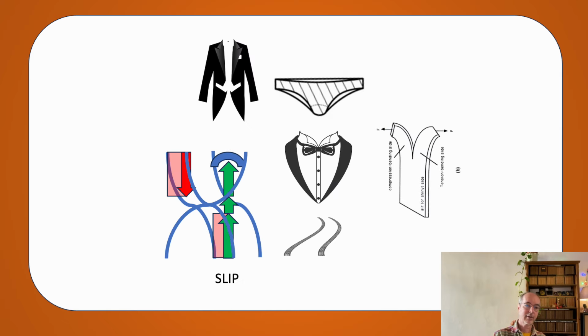I found different slips. I have this slip or an opening in a material. I have this slip in my clothes. I have a clothing piece which is called a slip as well. And there's when a car brakes too quickly, and I have a trail on the road, which is also called a slipping trail.